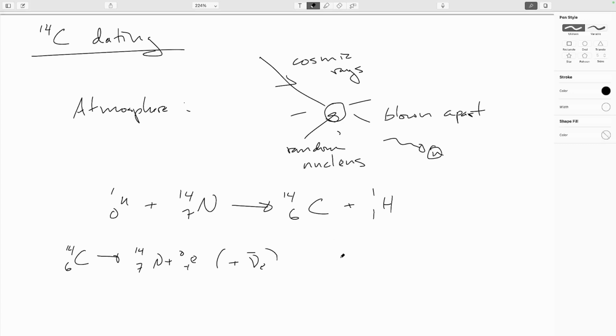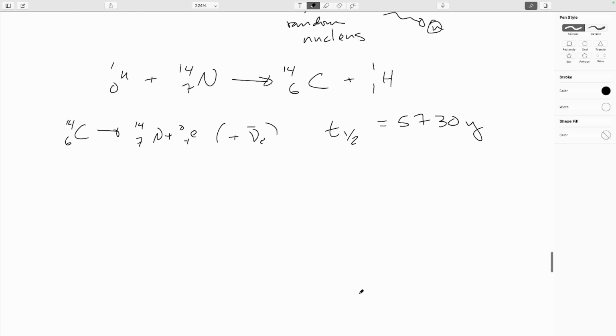And it turns out that the half-life for this process is 5,730 years. And so you can use this actually to date the remains of organic material. Like, let's say you stumble across in an archaeological dig the remnants of a campfire.